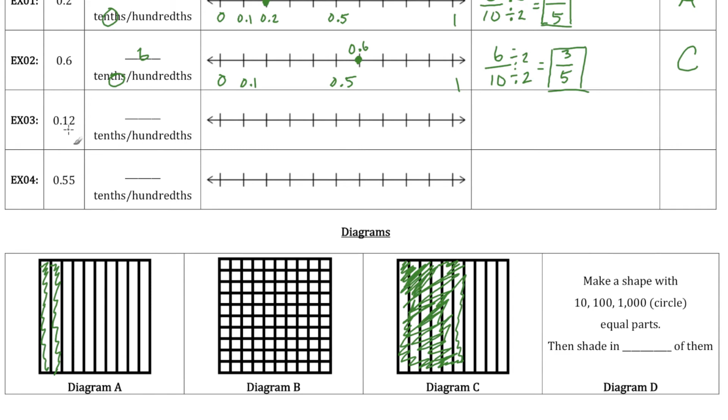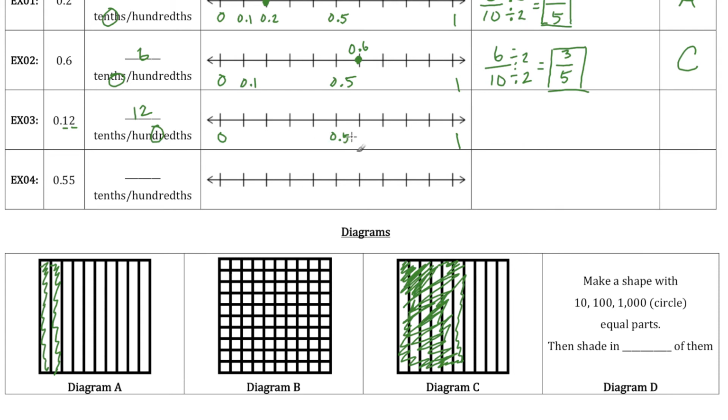Okay, so this next one, remember, this would be tenths and this is hundredths. So 0.12 is read as 0 and 12 hundredths. So 0 and a whole. Now one thing you can do, I like to label this 5/10 here, but we're not really looking at tenths, we're thinking in terms of hundredths.